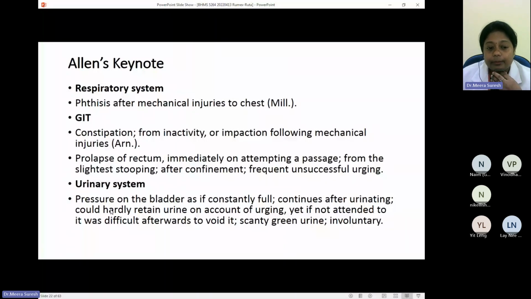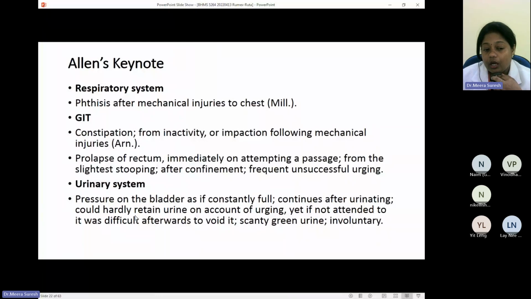Then in the urinary complaint, here also there is incontinence, the pressure on the bladder as if it is constantly full. So even when the bladder is not full, the patient will always have a sensation that it is full because there is a constant pressure on the bladder. Even when the patient has passed the urine completely or the bladder is empty, still he will have that full sensation.